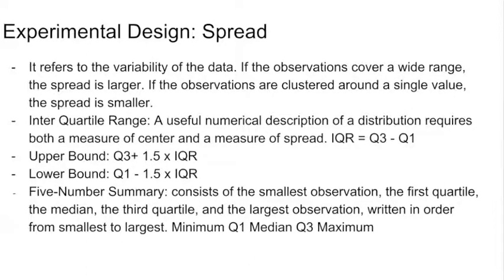This consists of the smallest observation, the first quartile, the median, the third quartile, and the largest observation, in order from smallest to largest. This accounts for the minimum, first quartile, median, third quartile, and the maximum point in the data.